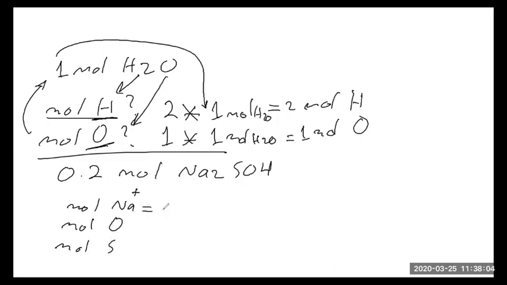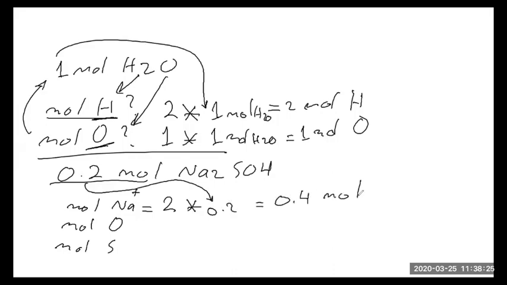What are you going to do? Is it 2 sodium, 2 mole? Look at here. How many sodium do we have? 2 sodium, that's correct. But how many mole do we have for the compound? It is 0.2. So it will give you 0.4 mole for the sodium.